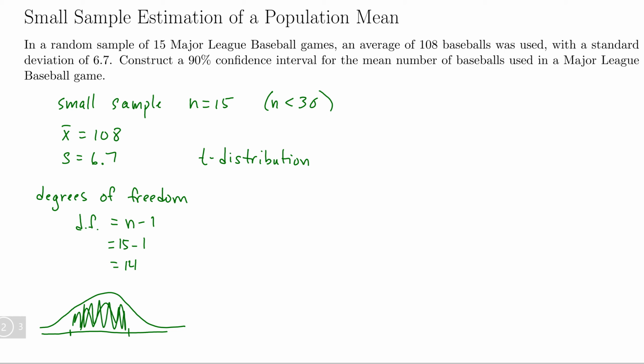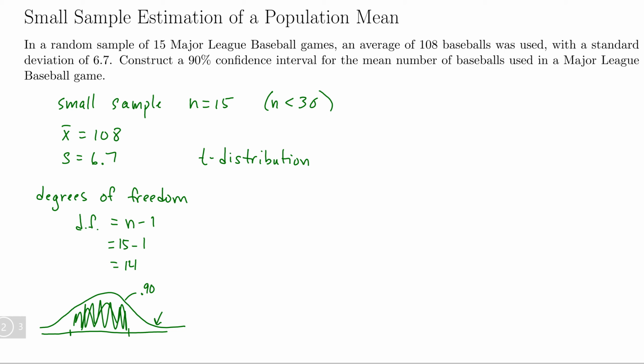Now, this is drawn similar to a normal distribution because the t distribution is similar. However, we are looking for the area in just one of the tails here. Since 90% is between these two values, that means there's 10% total outside the two values.